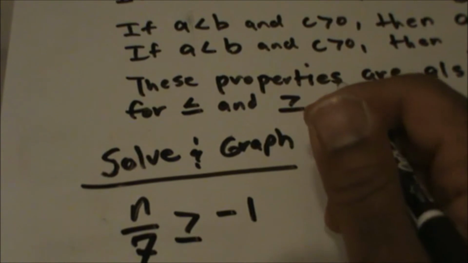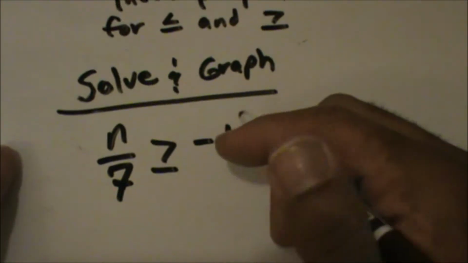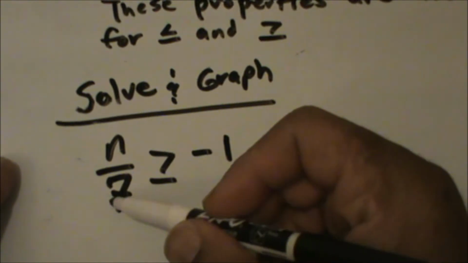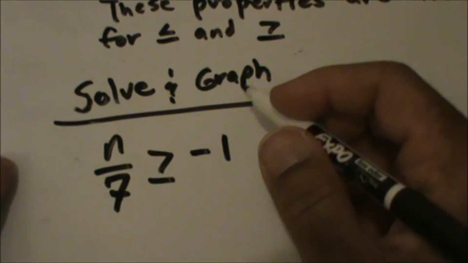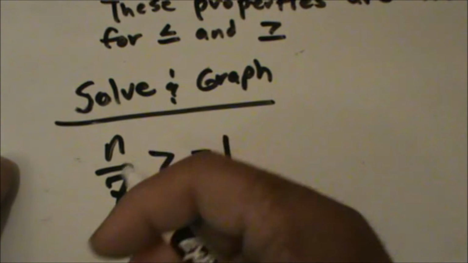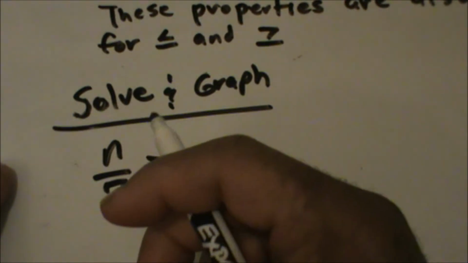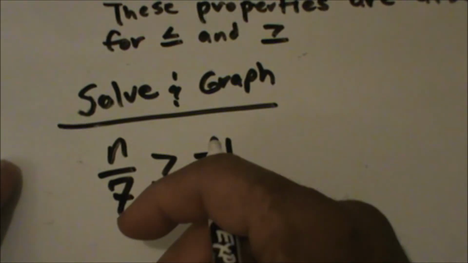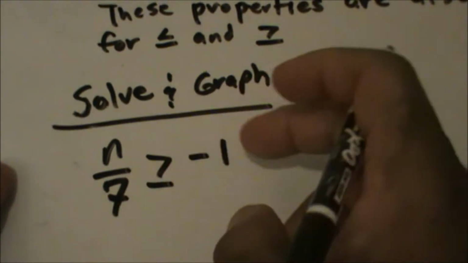So if you have a fraction, it's easy to remember to multiply. Look at the denominator and multiply that value of the denominator on both sides of the inequality, because you want to find ways to cancel fractions. And once you do that, you have to do it on the other side.